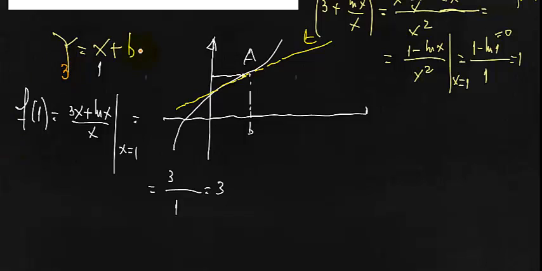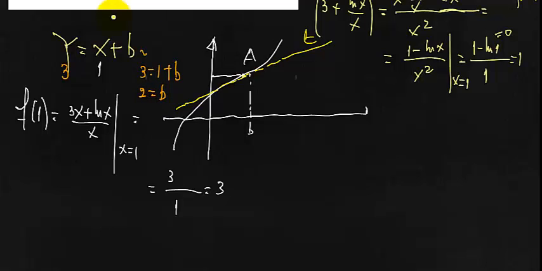So to get the value of b, it will be 3 equals 1 plus b. So b, it is quite simple to understand, is 2, okay, because 3 minus 1 is 2, so I'll get b equals 2.